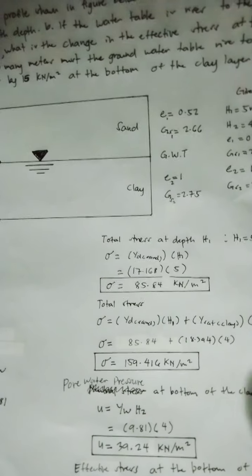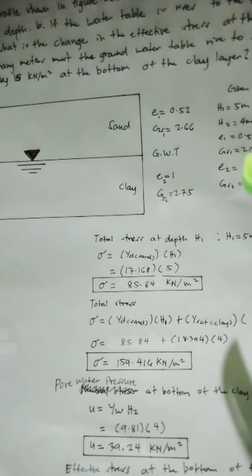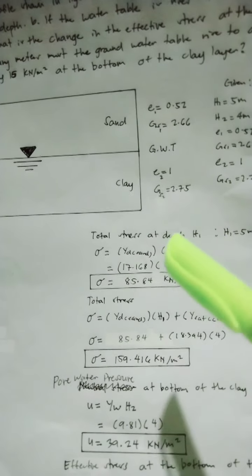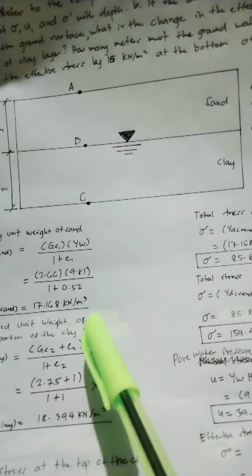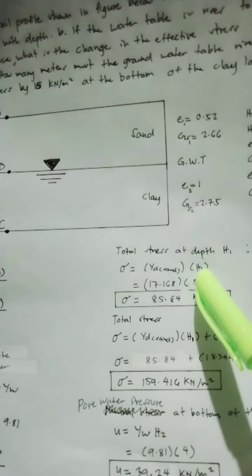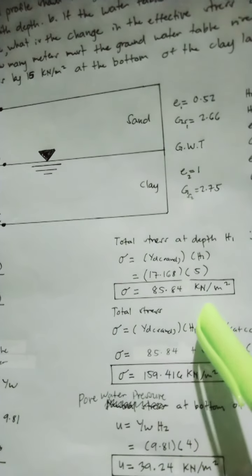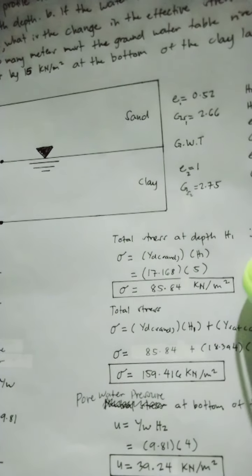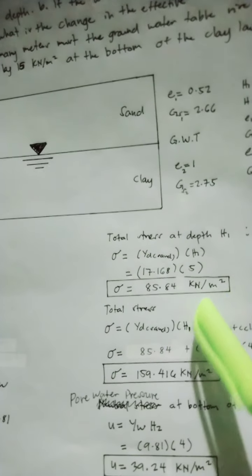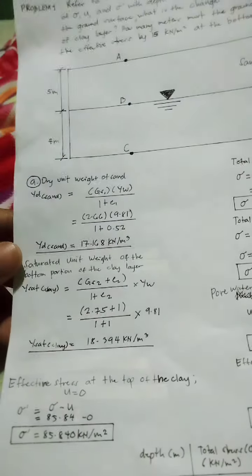So to get the value of the total stress, substitute the dry unit weight of the sand, 17.168 kilonewton per meter cube, times its depth of 5 meters. So we have the total stress at the depth of the sand equal to 85.84 kilonewton per meter squared.